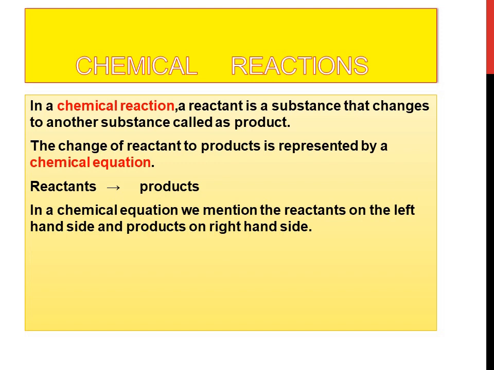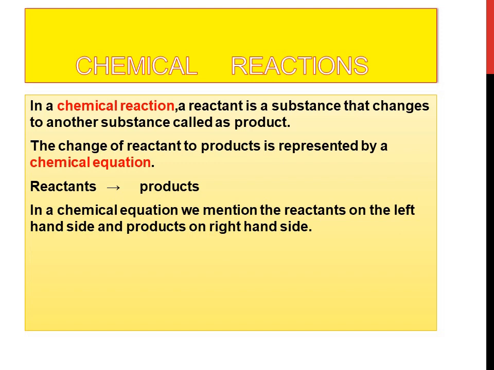The most important thing is, in a chemical reaction, a reactant is a substance that changes to another substance called a product. Reactant is that substance with the help of which we can begin our chemical reaction, and product is that substance which has been transformed from a reactant.